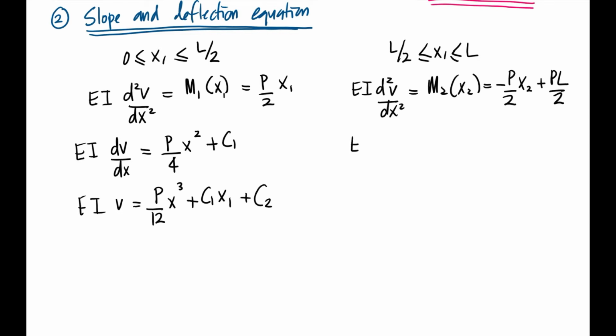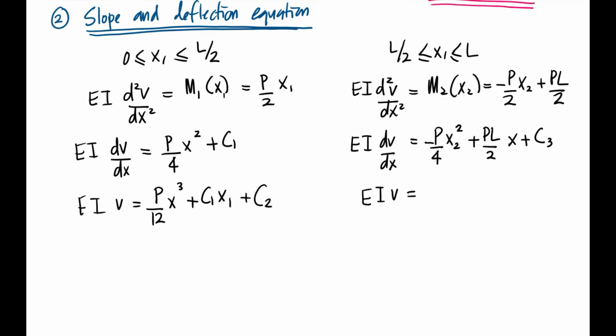For M2, integrate once, we'll get negative P over 4 x2 to the power of 2 plus PL over 2 x2 plus C3. Integrate again, you will find negative P over 12 x2 cubed plus PL over 4 x2 squared plus C3 x2 plus C4.